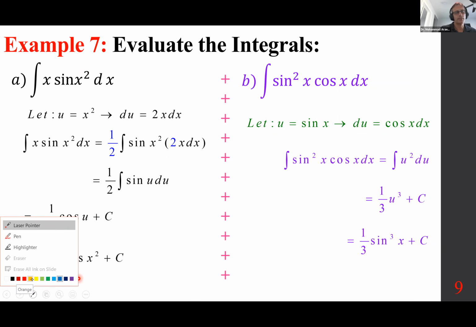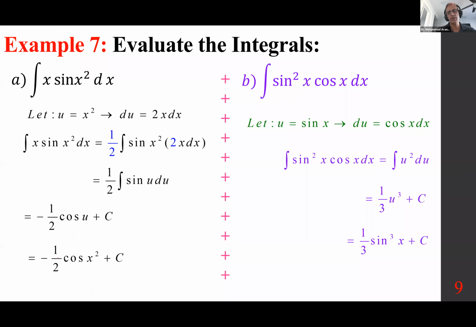Let's go with a couple of examples I'd like you to do at home. The integral of sine to the power of 100 x cosine x dx. Try this.